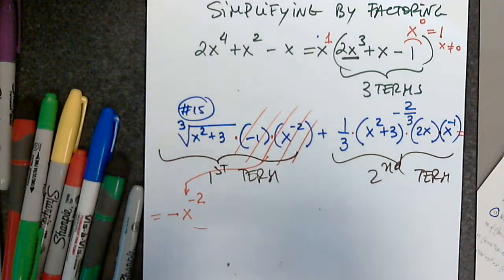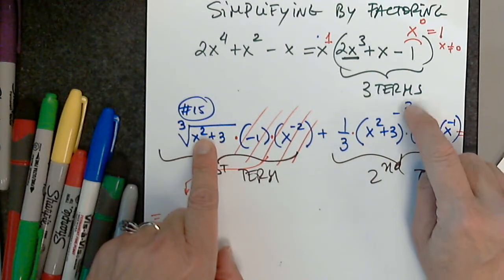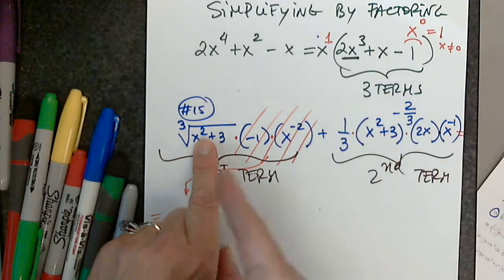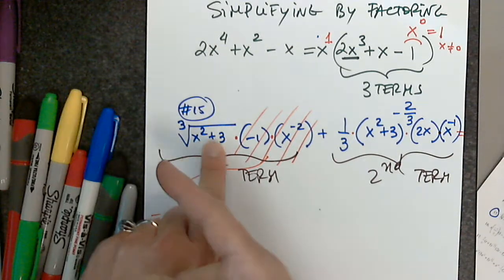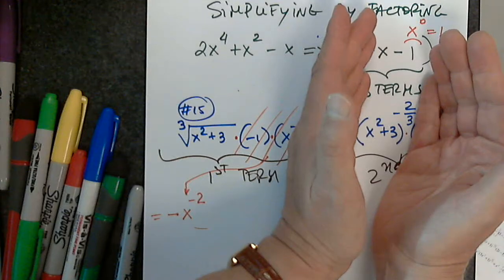So obviously, one can be changed into the other because any fractional exponent is nothing else but a radical. How do I change this to look like this?